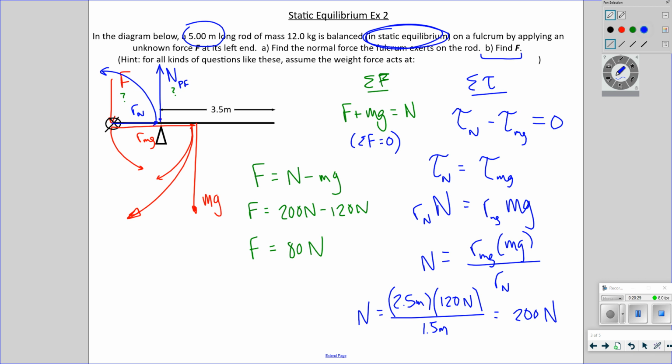Notice, we first run a net torque analysis to find one of the unknown forces, then run a relatively simpler net force analysis to find the other unknown. My hint here in the text of the question, a hint for all kinds of questions like these: assume the weight force acts at the center of mass. Because in effect it does.